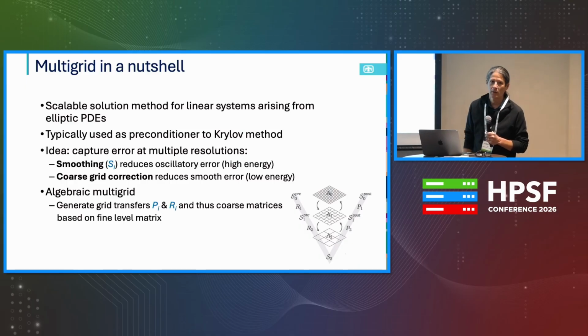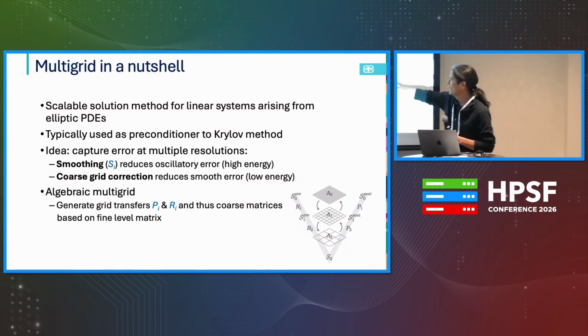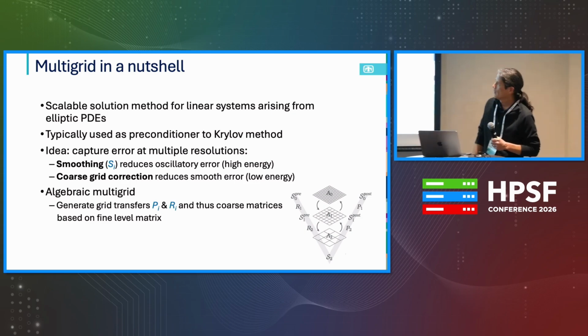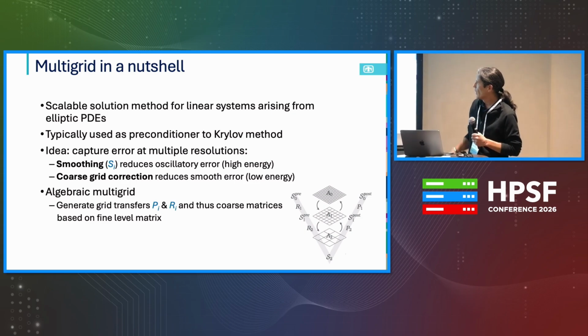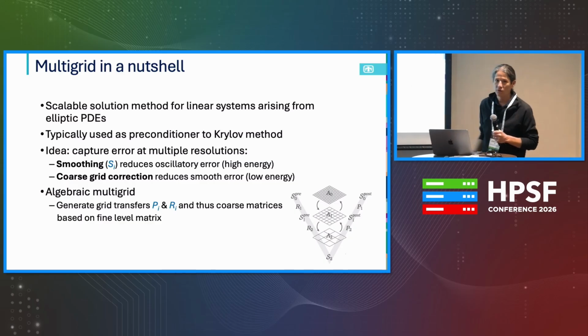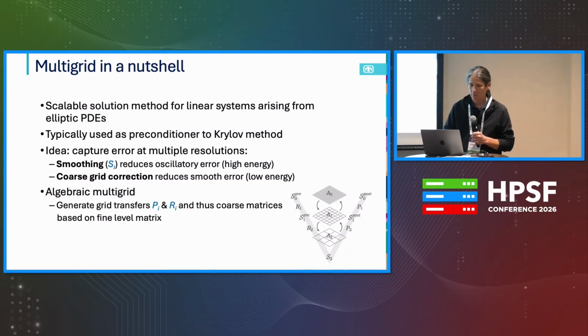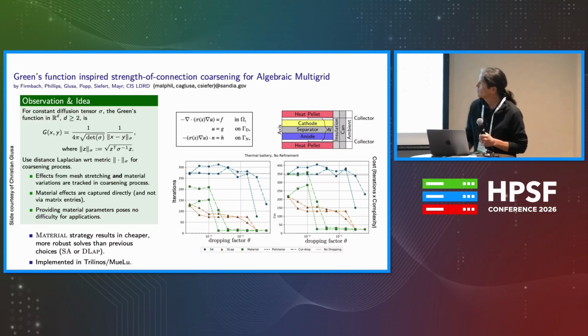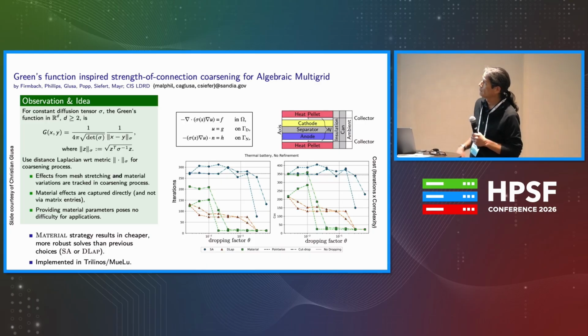It gets the linear system and then builds up the coarse grid systems. And so a lot of the secret sauce is, well, how do you build these grid transfers? And so Christian and Chris and Malachi and others have been working on a new strength of connection.